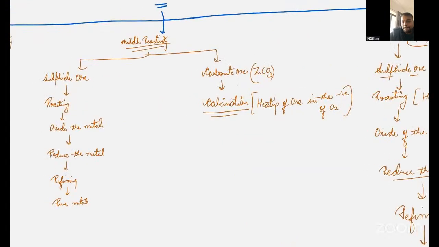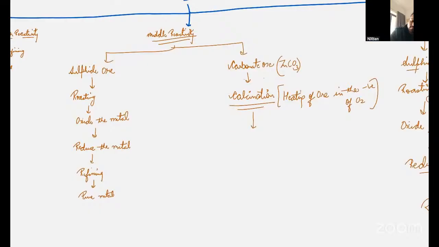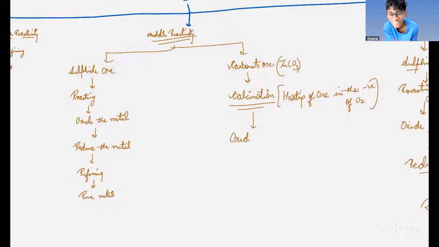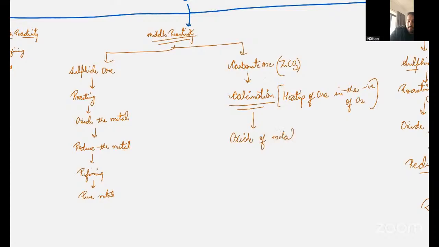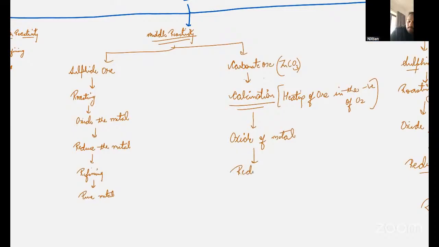In the same way, after calcination, we will get the oxide of metal. For the oxide of metal, we have to do reducing, sorry, not refining. We have to do reducing. And after reducing, we have to refine it.